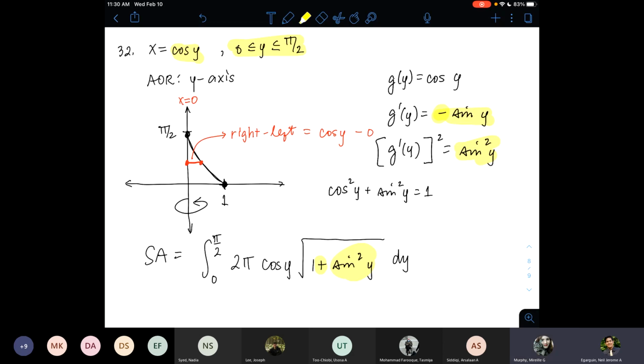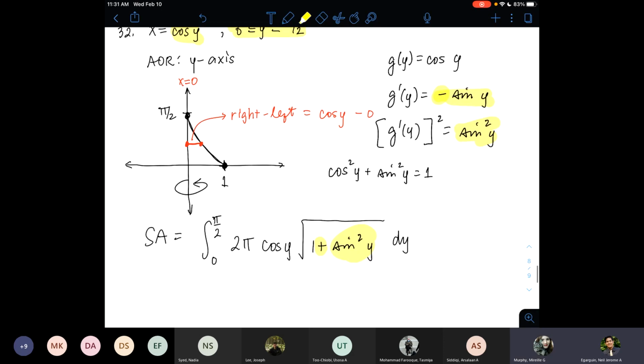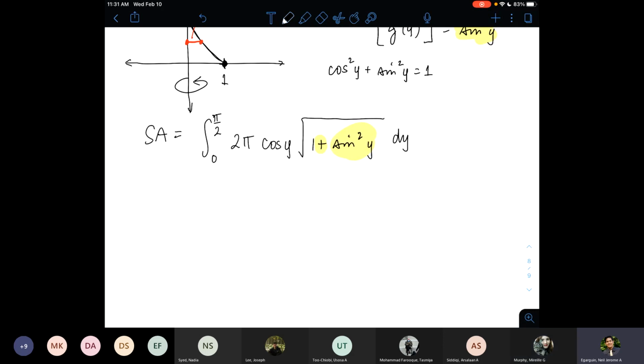Let's see. You can do a u sub. You can put u equals 1 plus sine squared y, and when you take the derivative, you need to apply the chain rule. Yeah, that's what I'm also thinking.